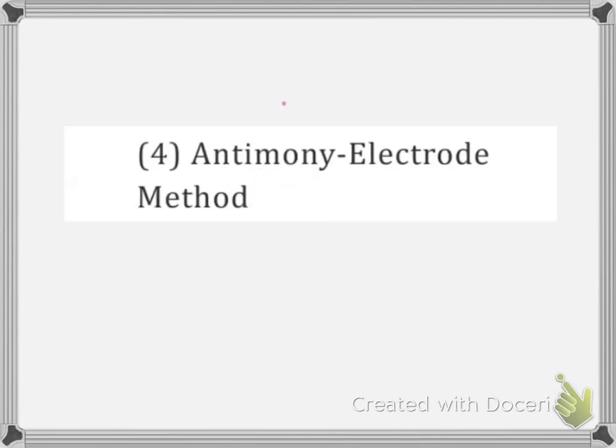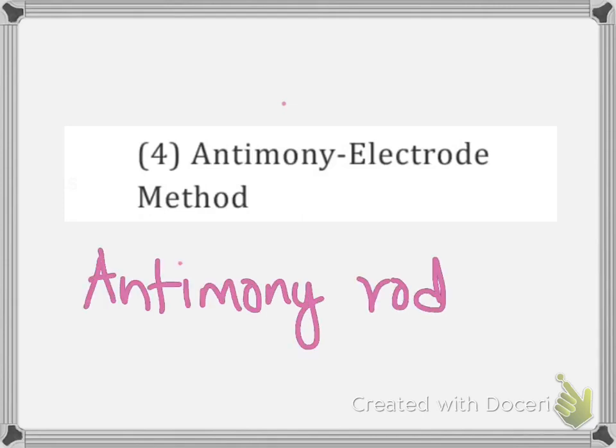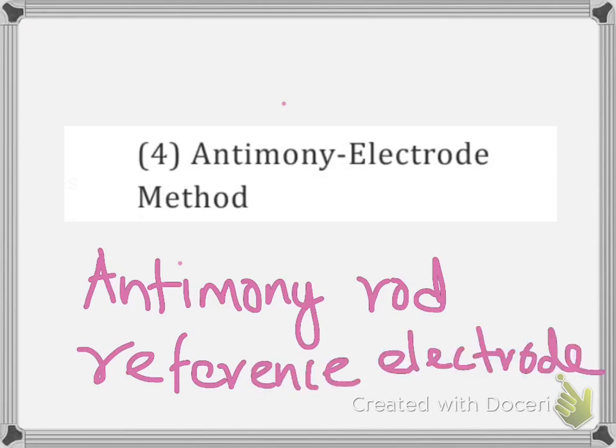Next one is the Antimony-Electrode Method. In this method, the tip of a polished antimony rod is immersed into the test solution, and the reference electrode is also immersed, and the pH is measured from the difference in the potential between them.